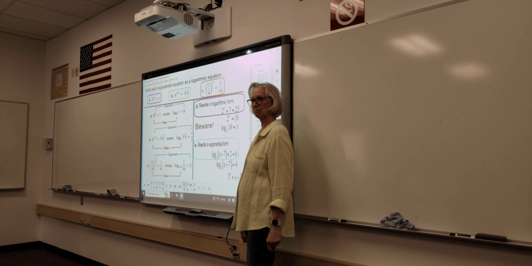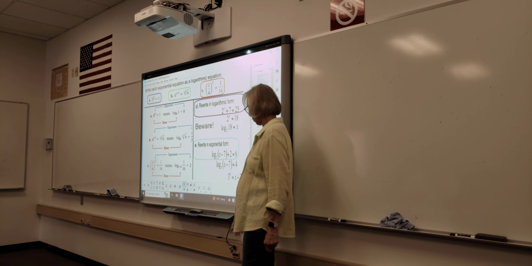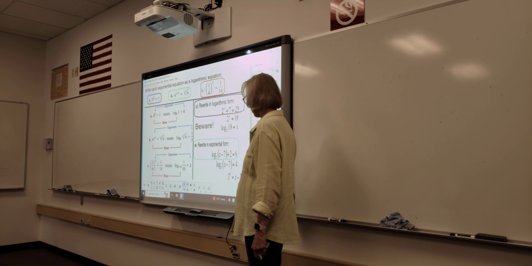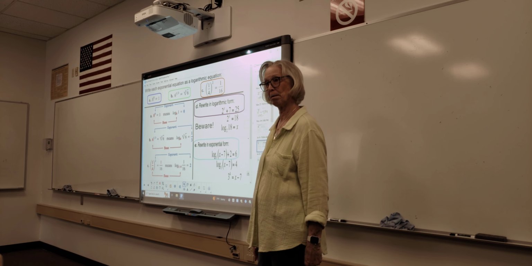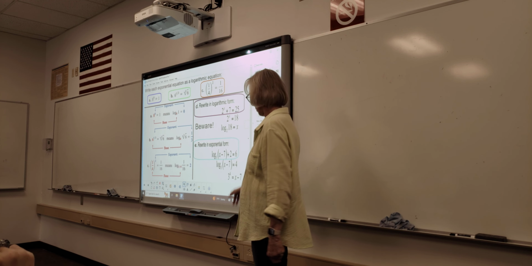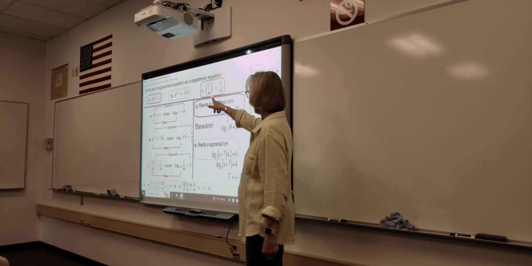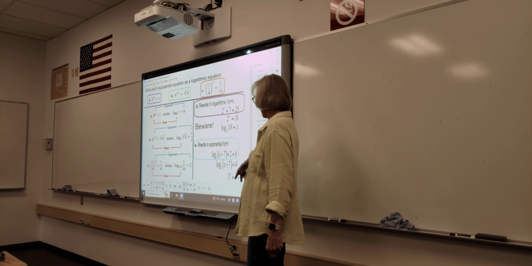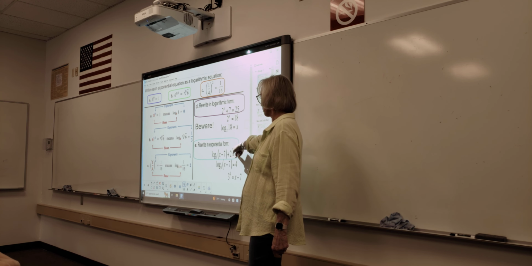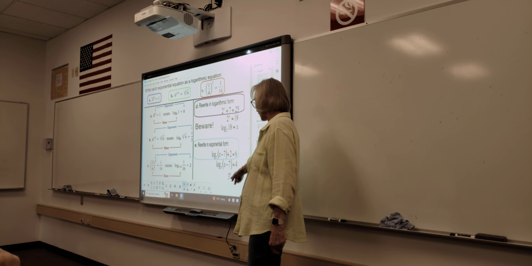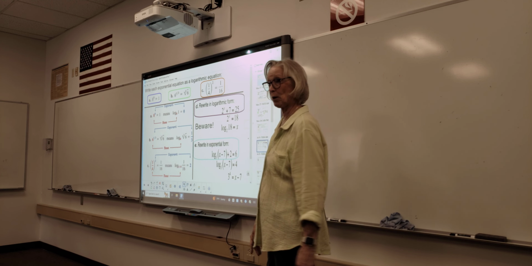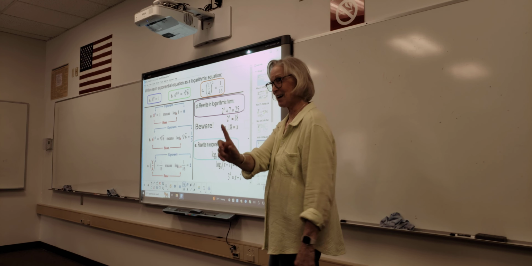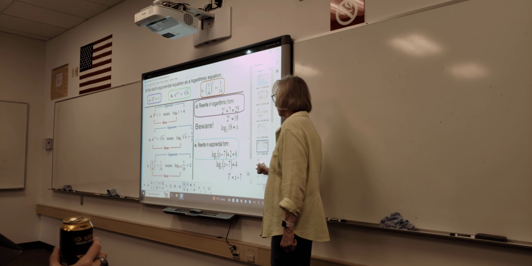The actual answer is 81 plus 7, which is 88, right? But can we leave it like that? They want you to write it as an exponent. The directions say write it as an exponent, so you leave it that way. Good question. I'm going to get to solve in just a minute. You're just ahead of me.